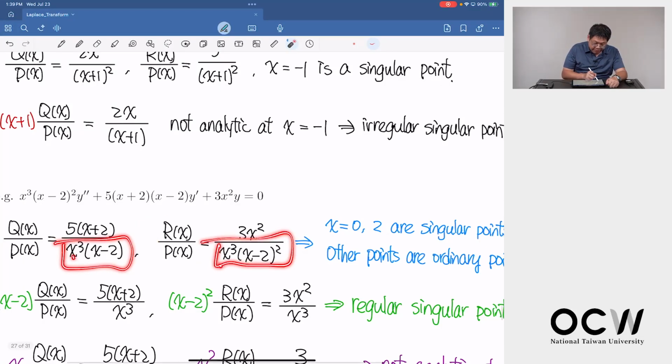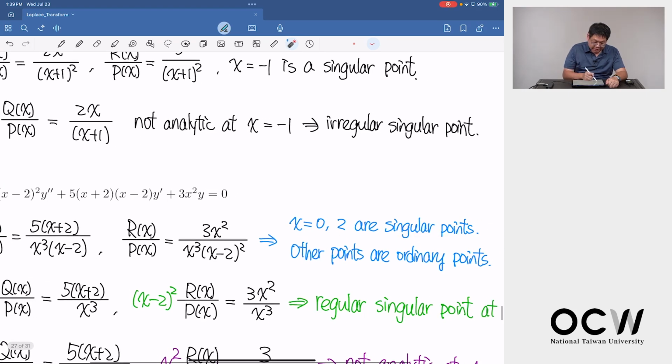When x equals 0 or x equals 2, the denominator goes to 0, which means that overall this fraction goes to infinity. So x equals 0 and 2 are the singular points because this is not analytic. And other points are just ordinary points.